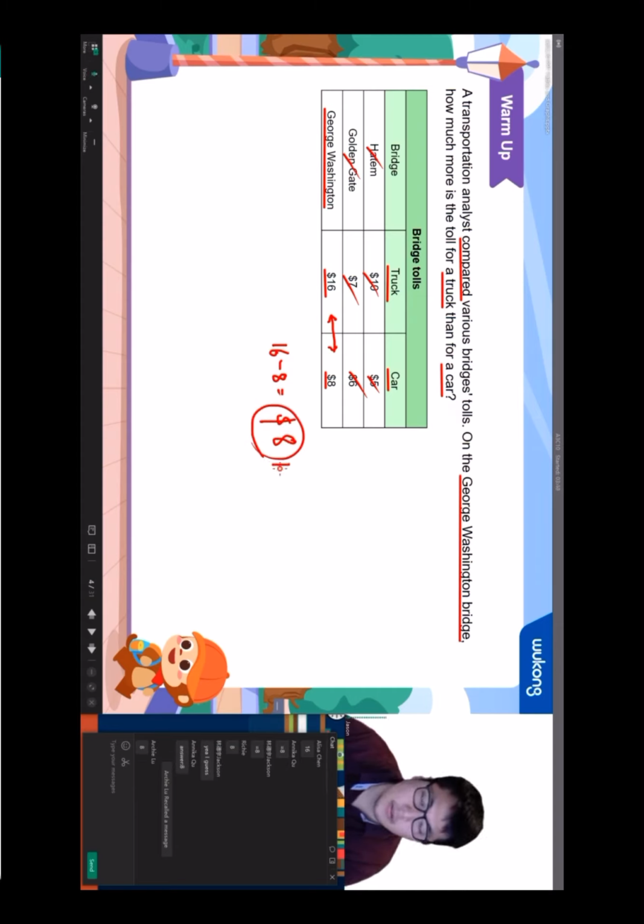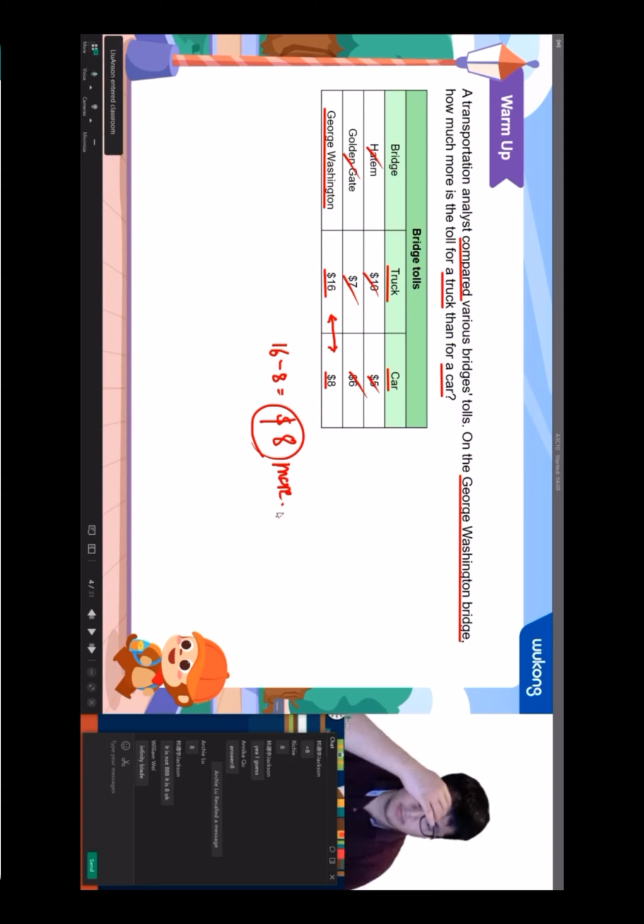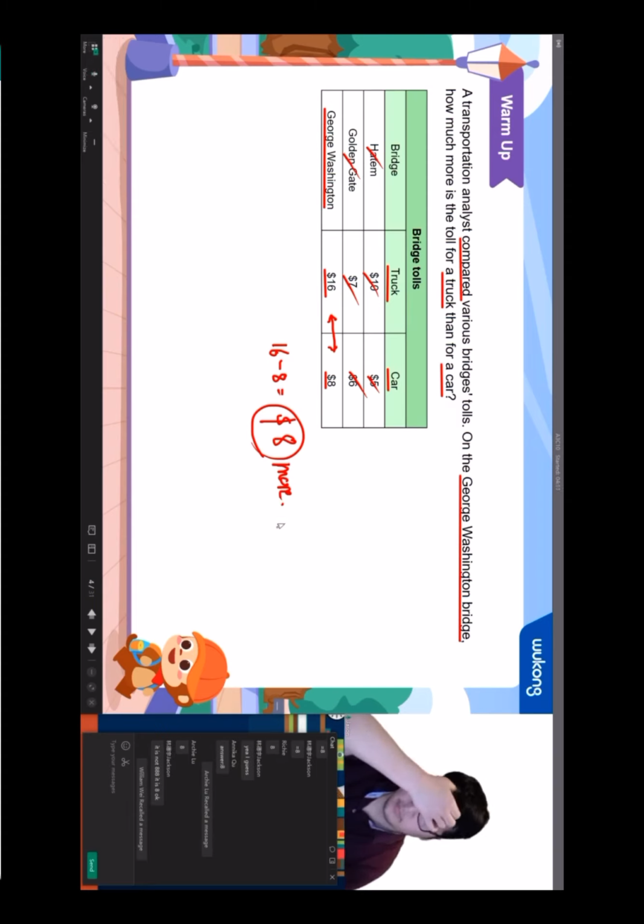So now I compare 16 and 8. 16 minus 8 equals $8. So $8 more for the truck. Even though the answer was easy, I want you guys to focus on my explanation of how to obtain the correct information and what information I need to know from this table, guys. Okay?